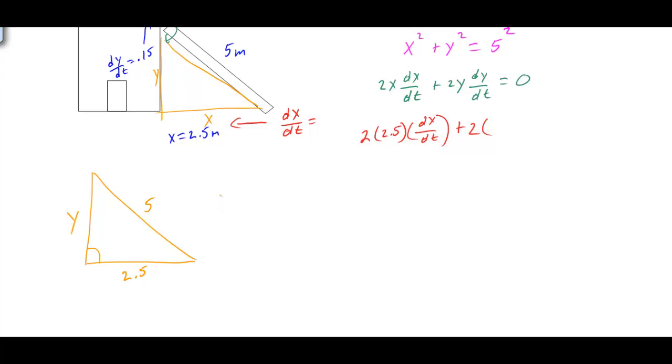So then if we want to find the value of y, once again we can use the Pythagorean theorem. x squared plus y squared equals 5 squared, and of course we know our x value is 2.5, so we can plug that in, and we would have 2.5 squared.